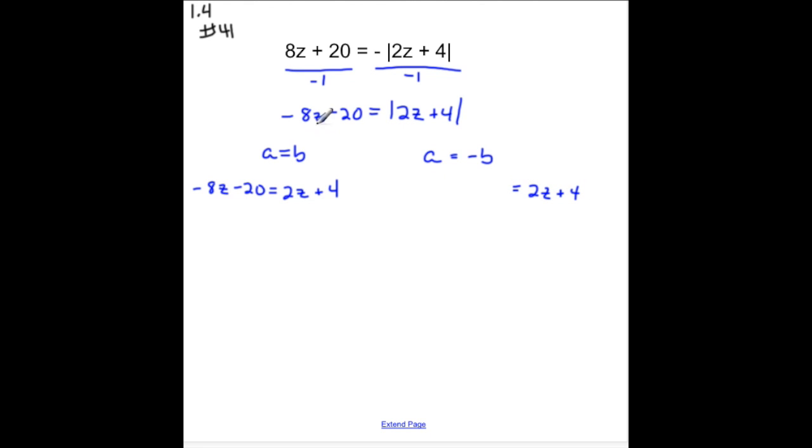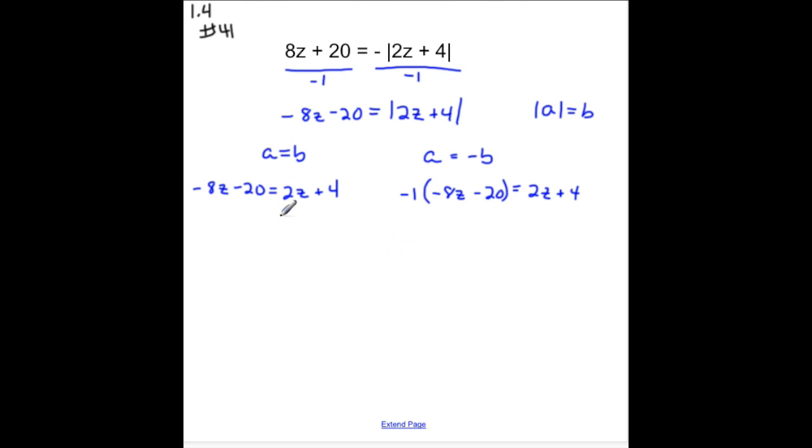But I'm going to multiply the whole other side by -1. So it's -1 times the quantity -8z minus 20. Okay, so that's my negative side. Here, I guess the thing to think about is that the A is the absolute value. That's where the absolute value piece is.